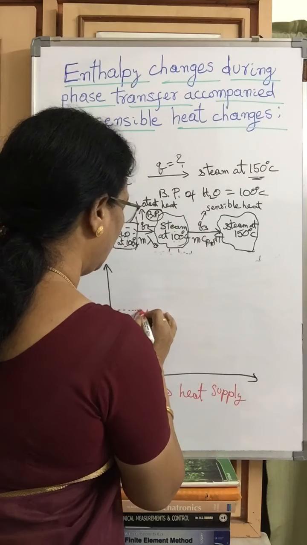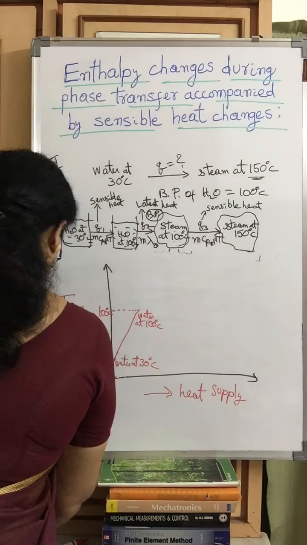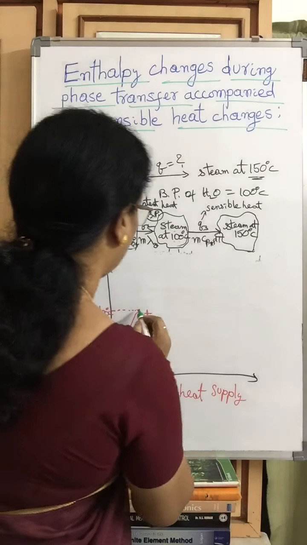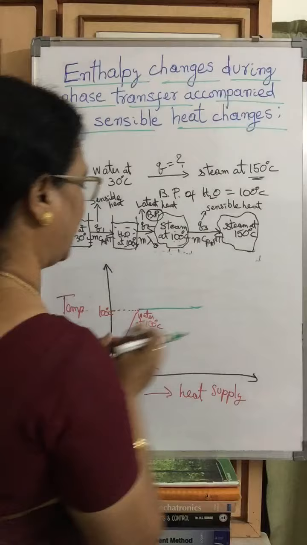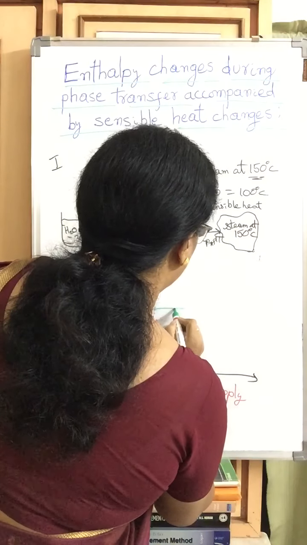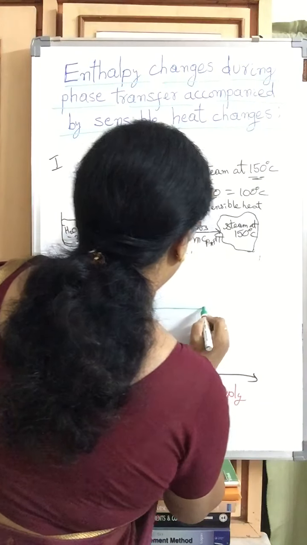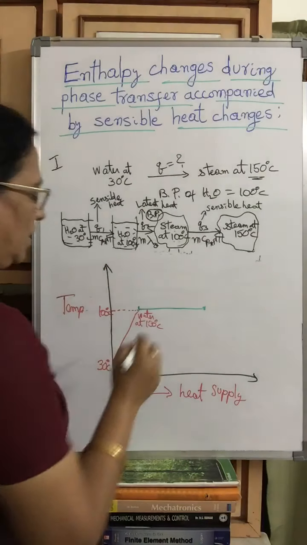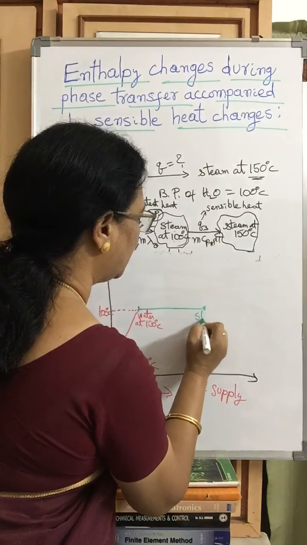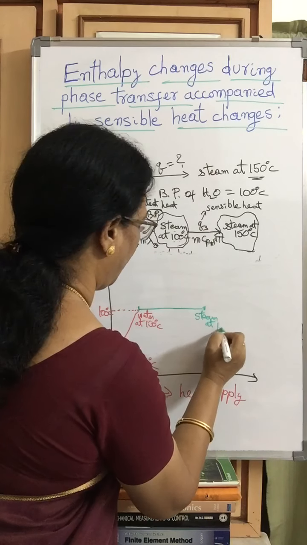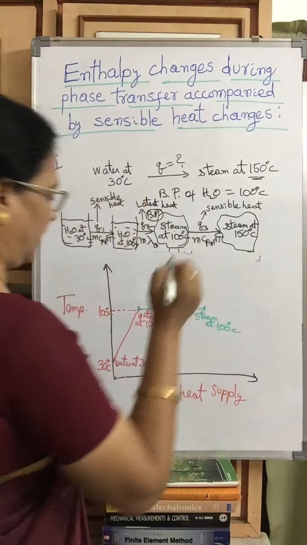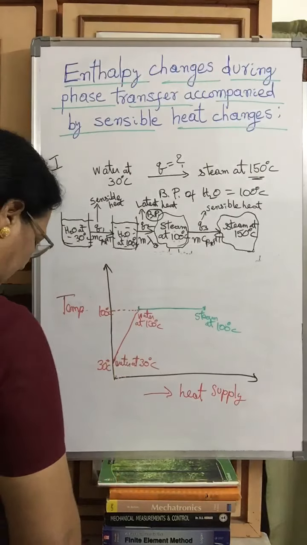It does not change. That is, you can draw like this, a straight line. Okay, this is what. Now this is steam at 100 degrees centigrade. Here it is remaining constant.